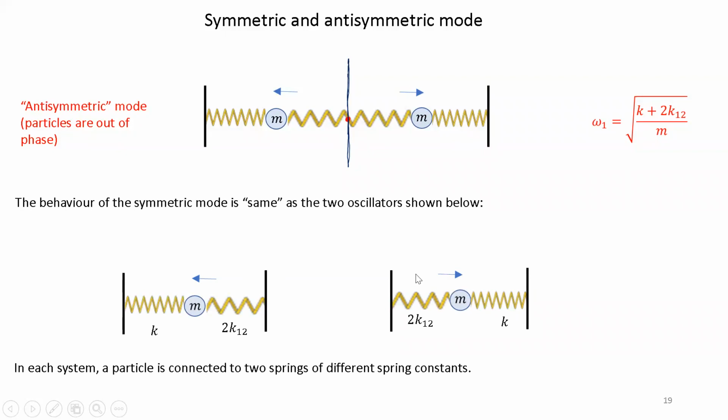For the two separate systems, what you have is something like this. Now on the left, I have a two spring system, and on the right, I also have the same two spring system.